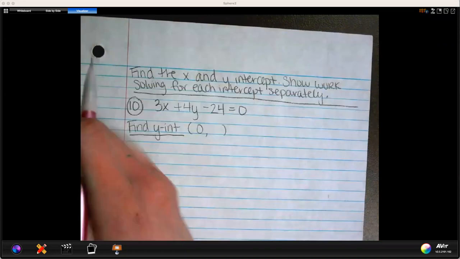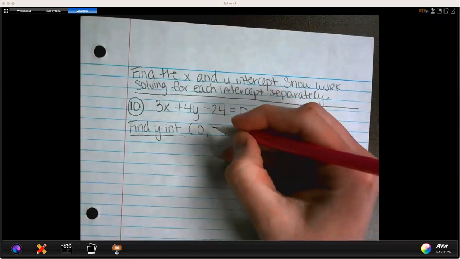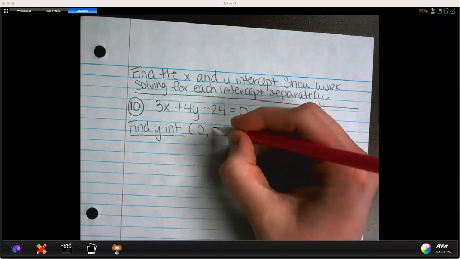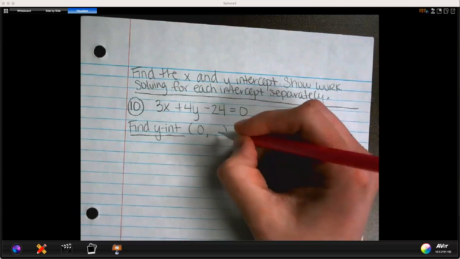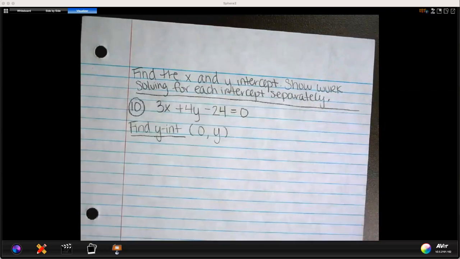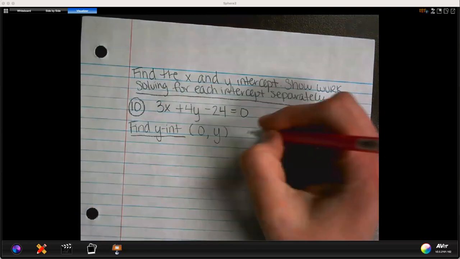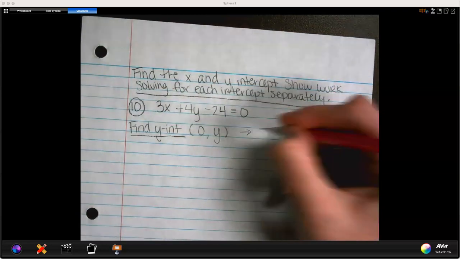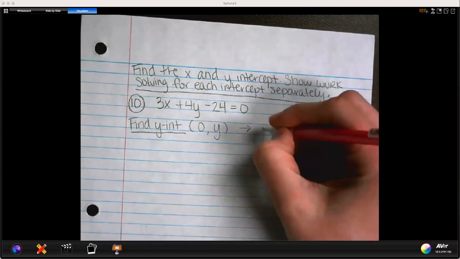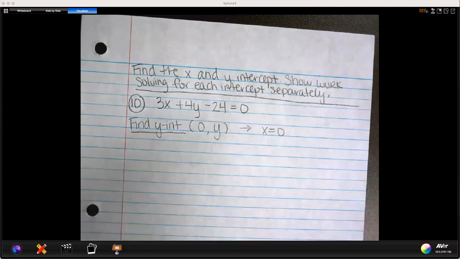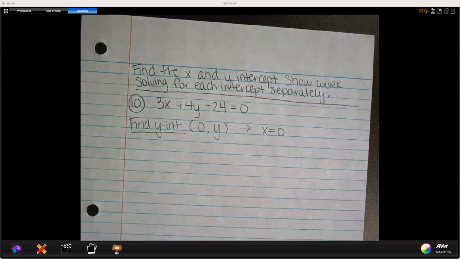We have 0 first, and then we have a number, right? Typically we would write b because we're referring to slope-intercept form, but in reality it's some y value, okay? So what we know is that x always has to be 0. In order for it to be a y-intercept, x has to be 0.